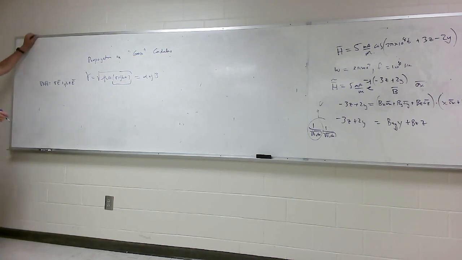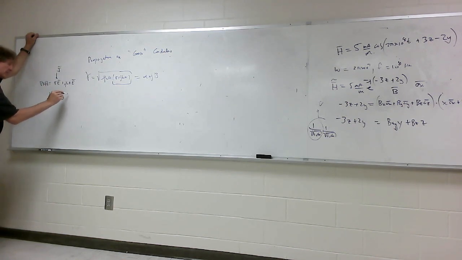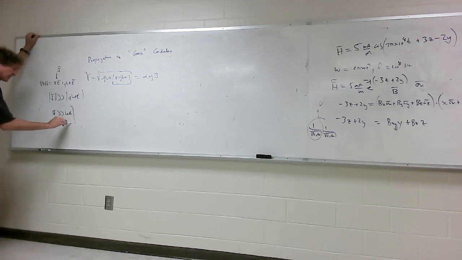For a good conductor, this is really a current density J. A good conductor is where J is much greater than the magnitude of j omega epsilon E. What that implies is sigma is much greater than omega epsilon. So that's a good conductor.